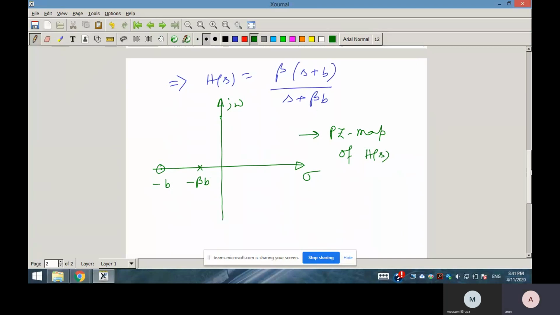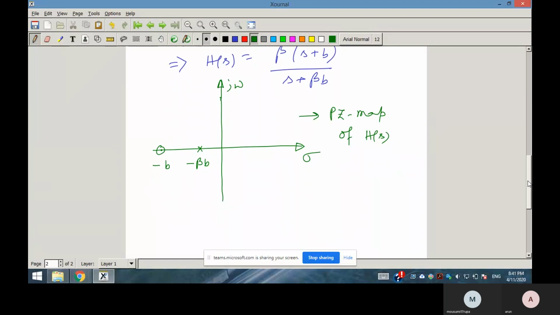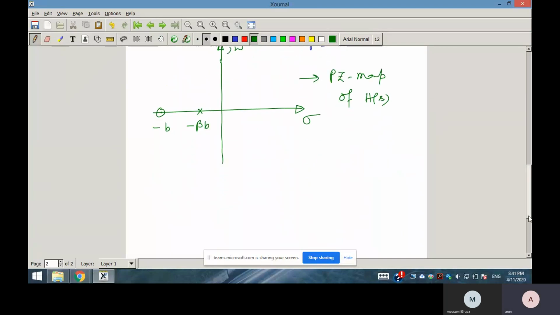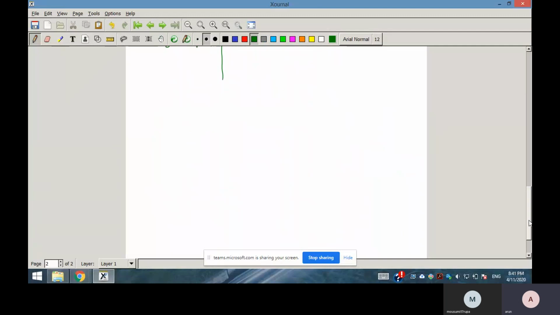Now what is the Bode plot? Here Bode plot you can also draw, the Bode magnitude plot. So Bode magnitude plot, if you draw for the lag compensator, this is your omega.